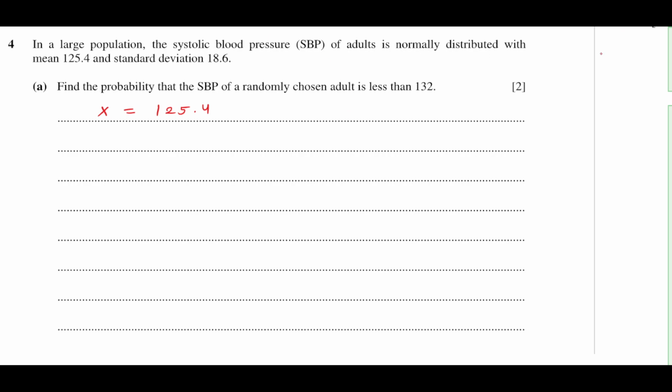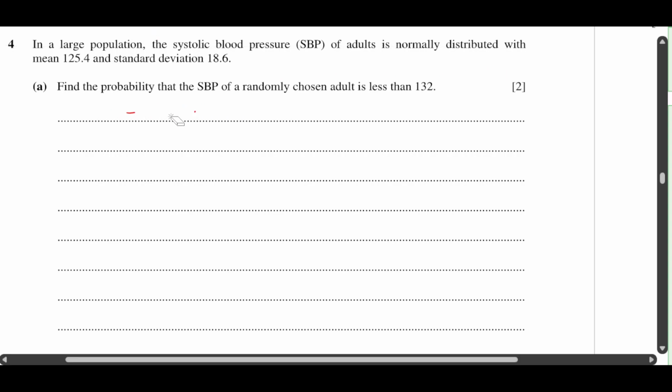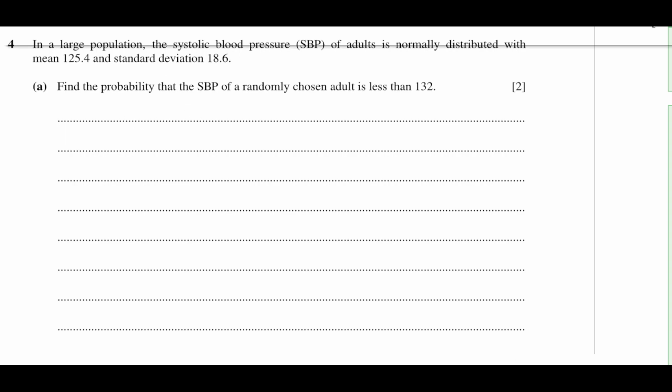Sorry, the large population has the mean mu given. The mean for the population is represented by mu, given as 125.4, and sigma is given as 18.6.